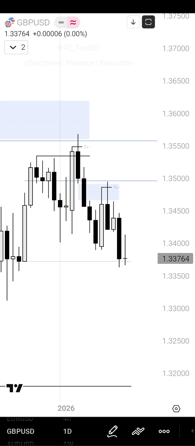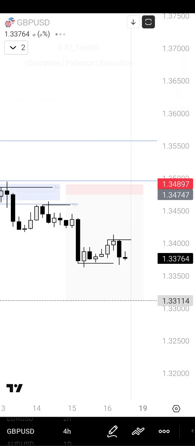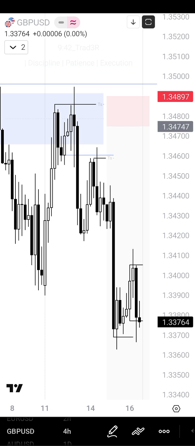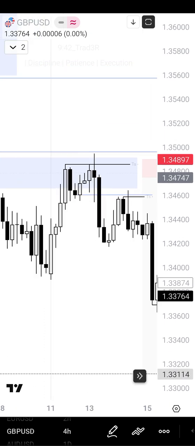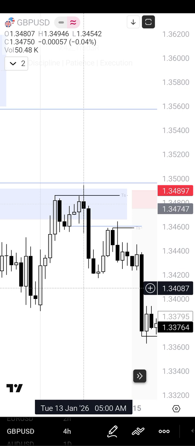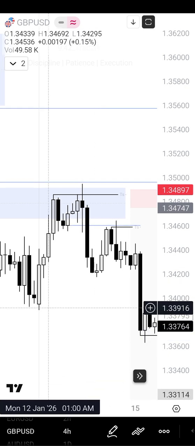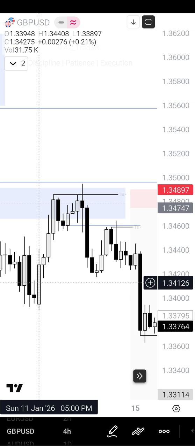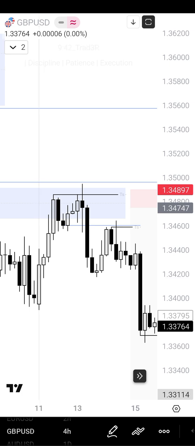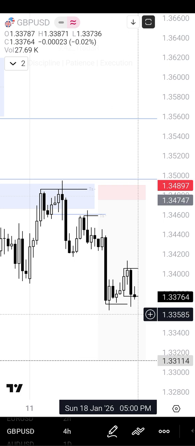Because the news was anchored to the 5 a.m. candle, this was the 5 a.m. candle on Tuesday. This vertical line you're seeing here is the opening time of the new week, which was last week, and this vertical line is the closing time of last week and also the opening time of this new week we are entering.